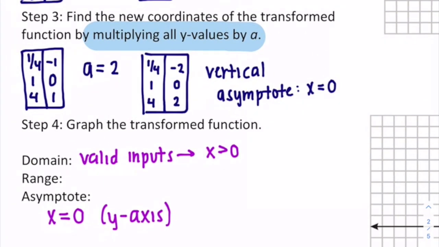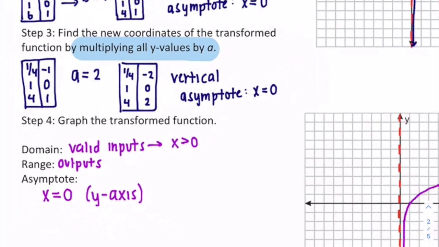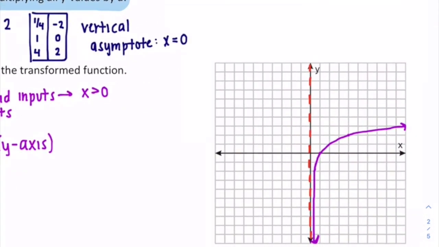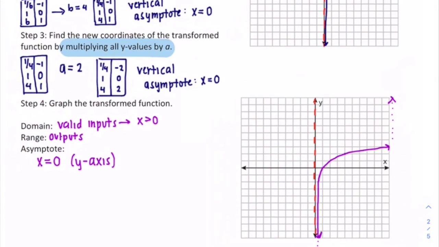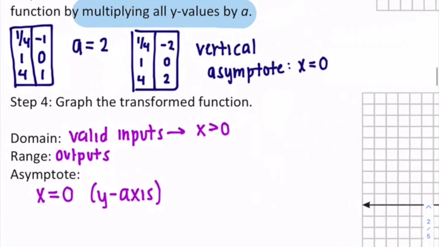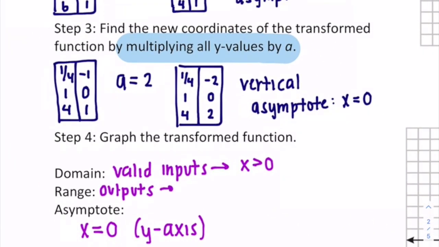For the range, we're looking for all of the outputs of our function. So in other words, all of the y values that are included in our function. If you look at the graph, both ends of our line continue on forever. So that means that our range is going to be all real numbers.